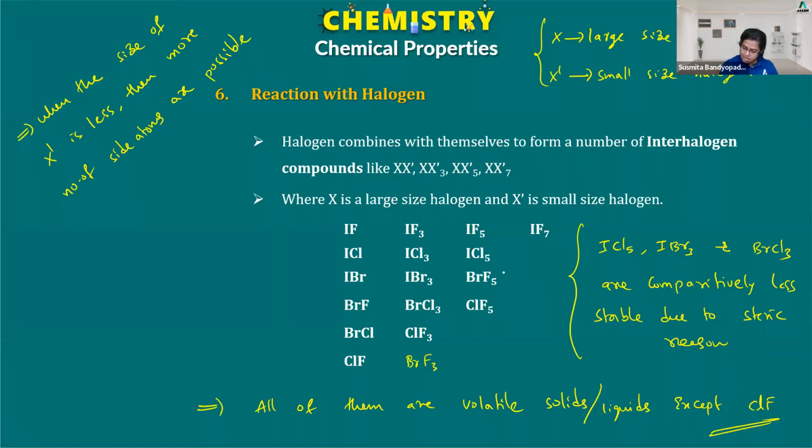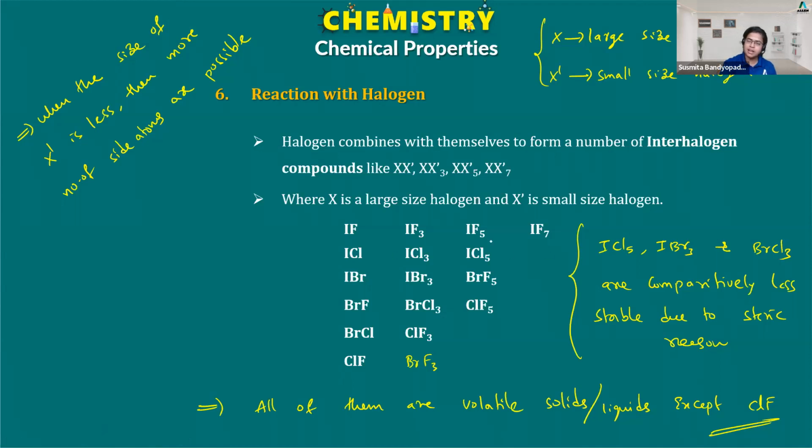That's the reason ICl7 or IBr7 are not formed. IF5 is still okay. IF5 is possible, students. ICl5 or IBr3, BrCl3 will be comparatively less stable because these bulky groups will cause a lot of steric hindrance.